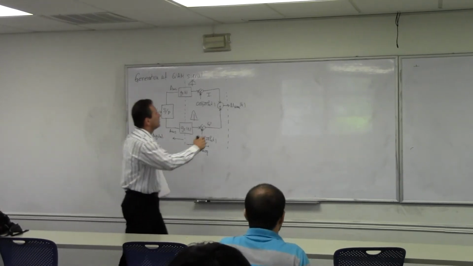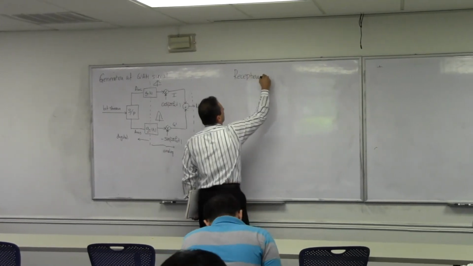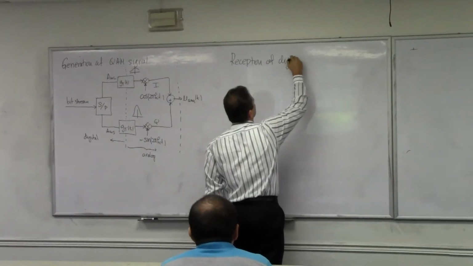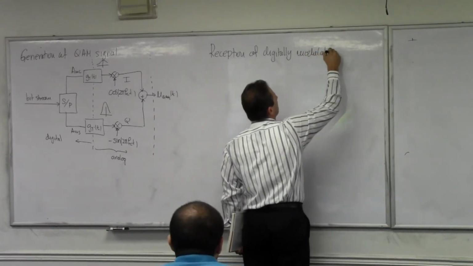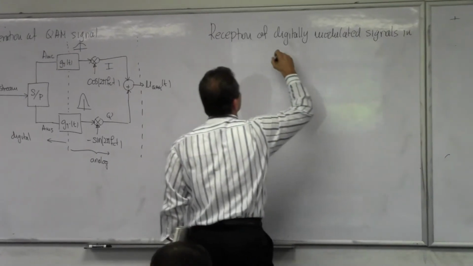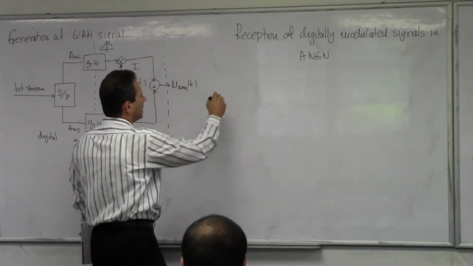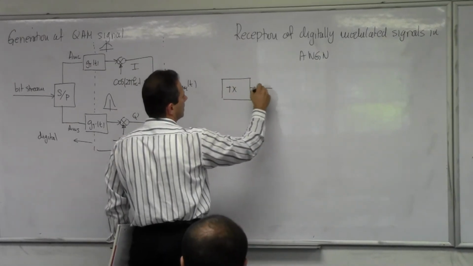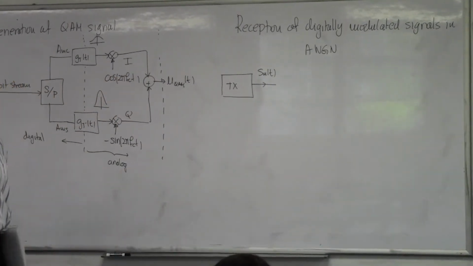Okay, so the reception of digitally modulated signals in AWGN. So I have my transmitter here. This is essentially the block diagram, and it makes some signal s_m(t) that is any one of those signals that we talked about.